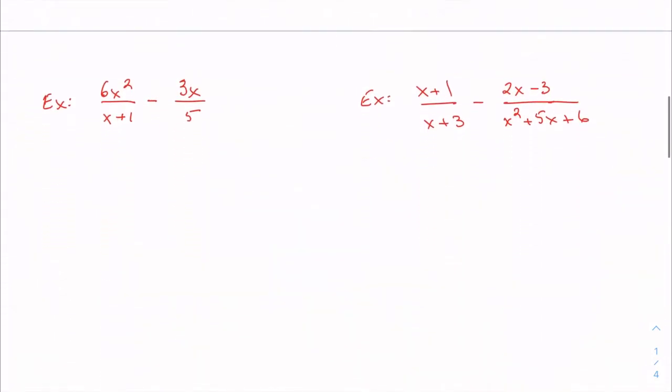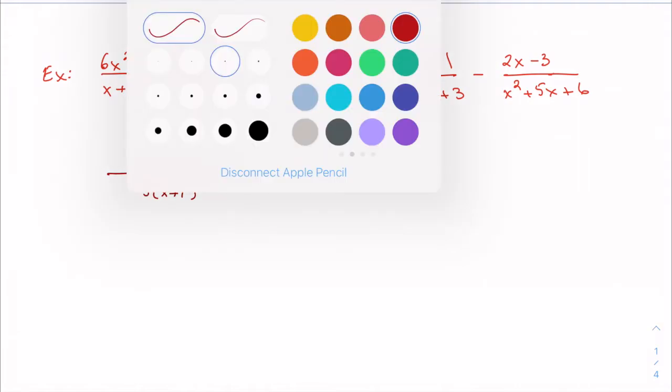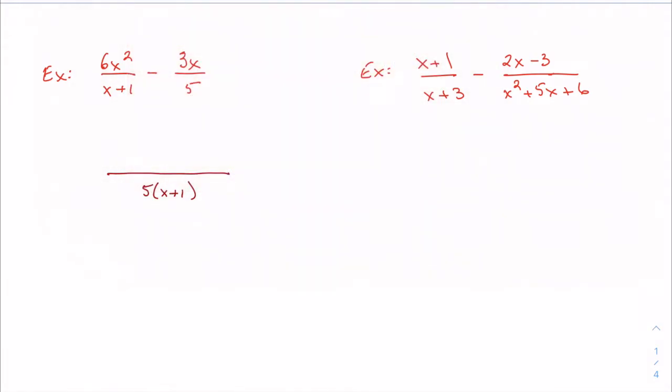So if I take a look at a couple bigger problems, this first one on the left, same process, right? My common denominator, well, nothing immediately in common, so let me multiply. We'll just multiply together, 5 times x plus 1. So again, I'm going to say, what do I need to do to x plus 1 to get to 5 times x plus 1? Well, I just multiply by 5, so I'm going to multiply by 5 in my numerator.